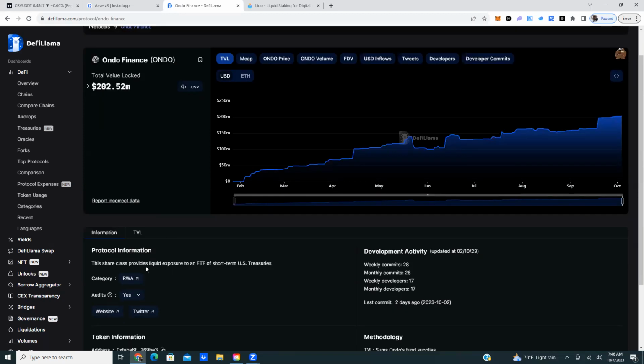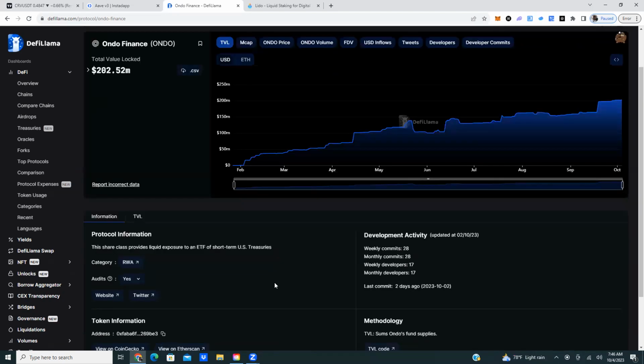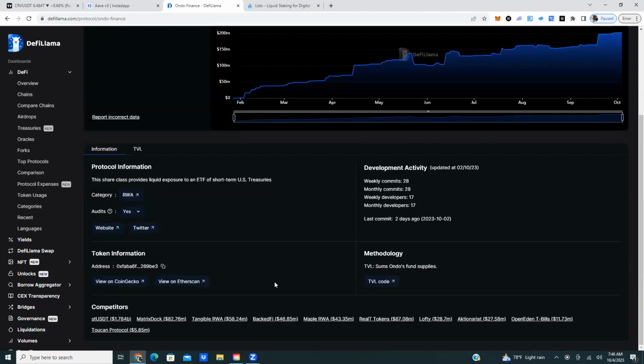This share class provides liquid exposure to an ETF of short-term U.S. Treasuries. Really? Oh, we just stumbled upon U.S. Treasuries. Nice. Real world asset. Let's take a look at the website.